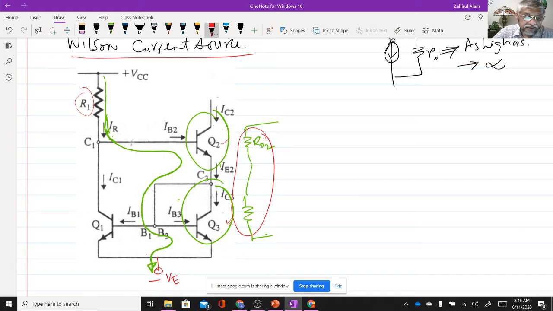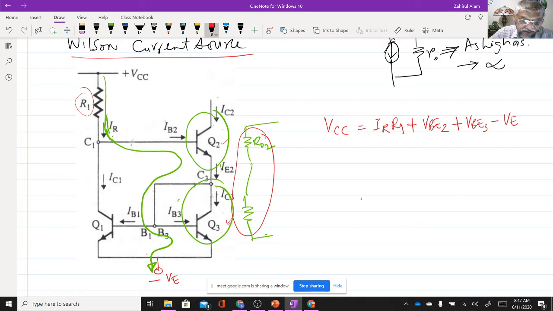Now I can write the KVL equation: VCC is equal to IR R1 plus VBE2 plus VBE3 minus VE.